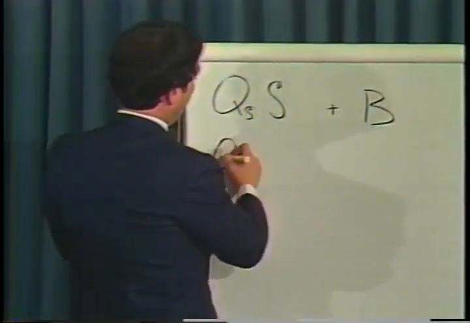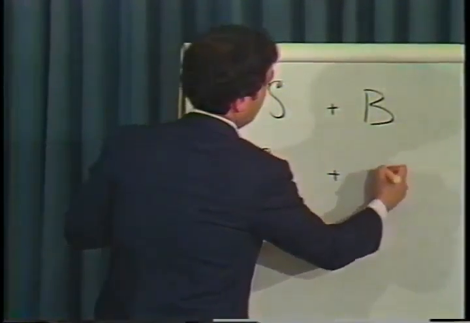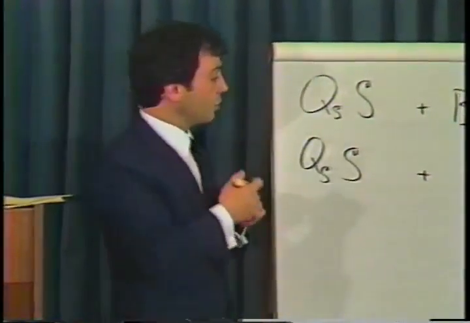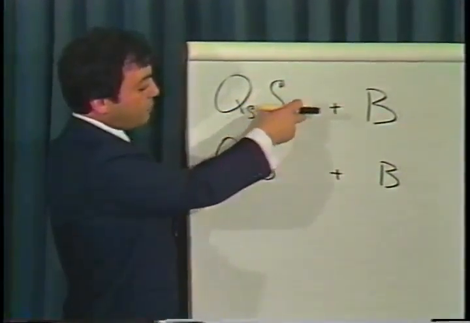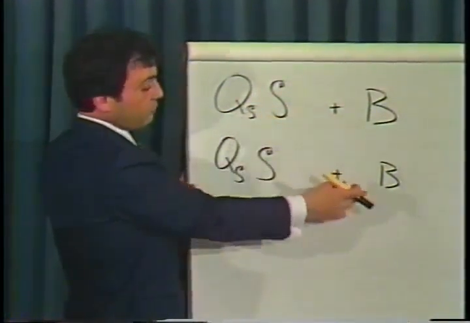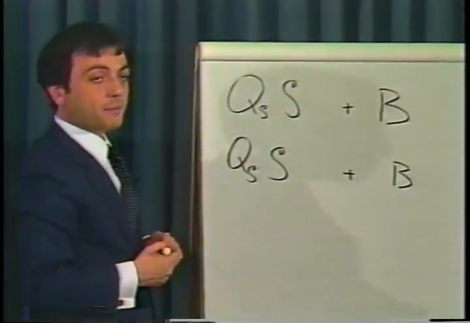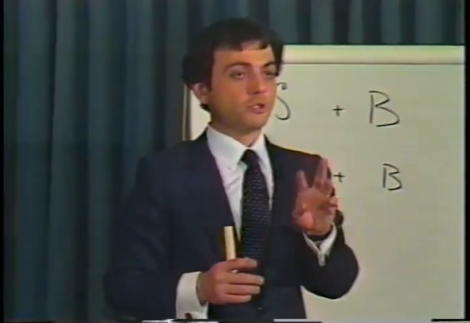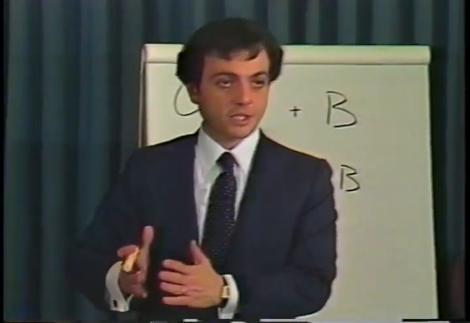Again, let me rewrite that. This is the current value of this portfolio. You've bought Q sub S shares of stock at price S now, and you've borrowed money B now. Now let's see what happens. Now assume that the world can take only two possible shapes next period, that we have this period and we have next period.